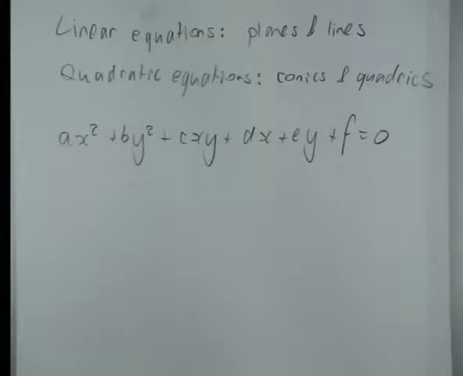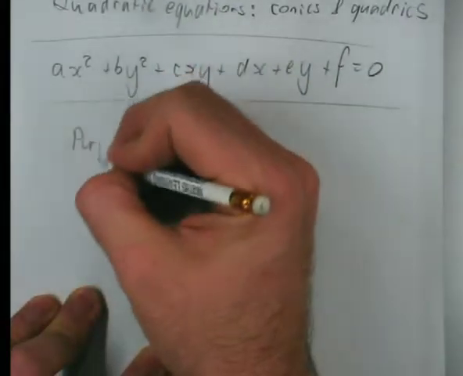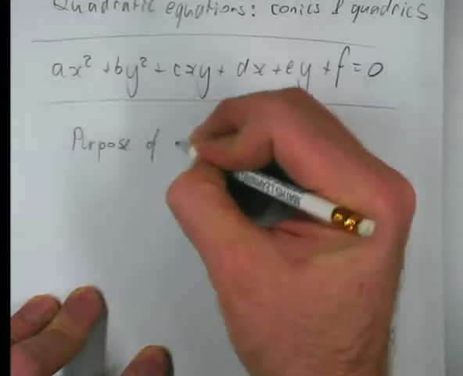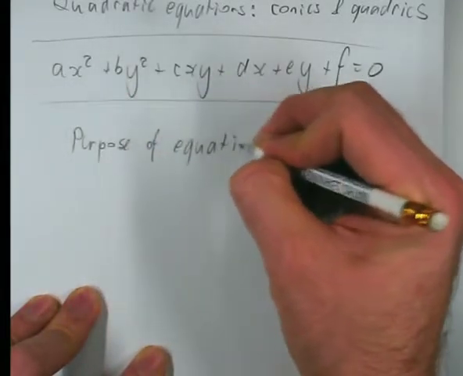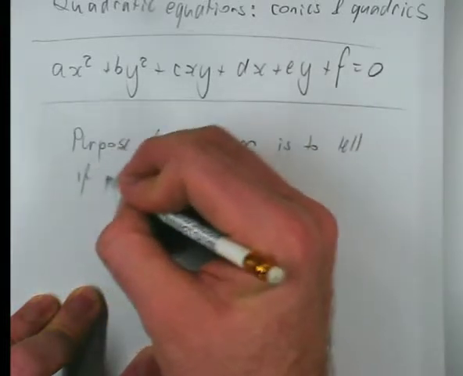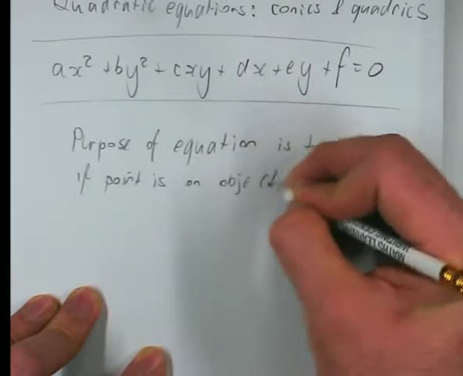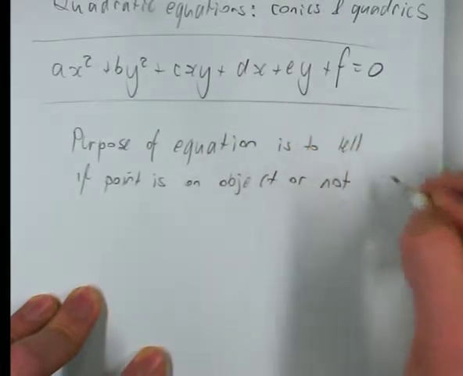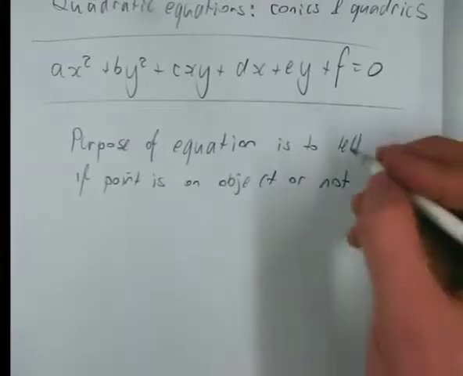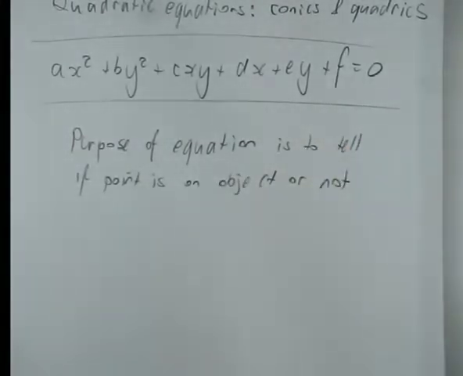So I'm going to write that down. Okay, so the purpose of an equation is to tell if a point is on the object or not. That's fundamentally what an equation of any kind is for.